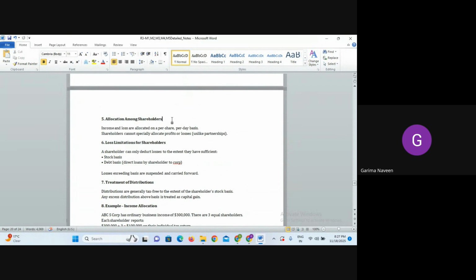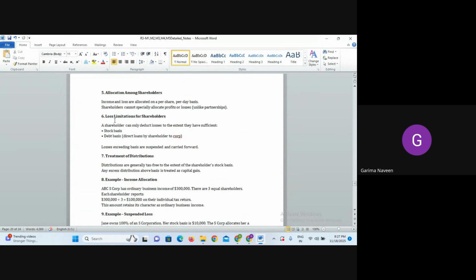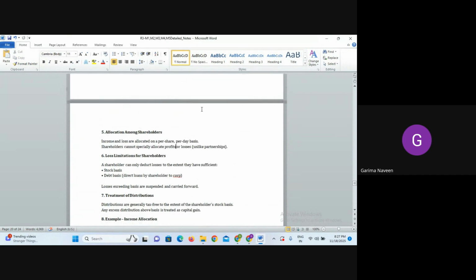Like they owned 10% for 6 months, and then after 6 months they purchased more shares and now own 20%. So how will you allocate the income now? That means your income and losses will be allocated on a per share and per day basis. Clear? Is it clear? Yes, ma'am.